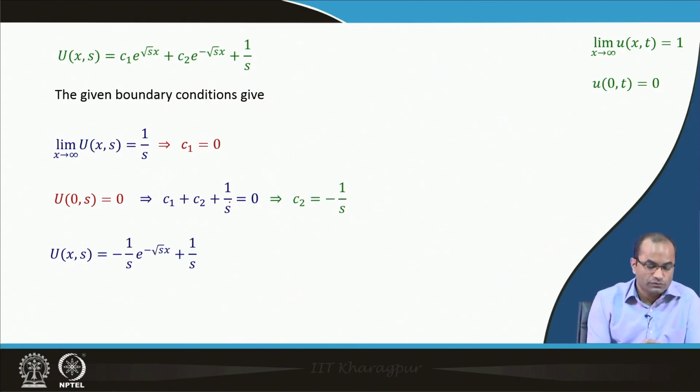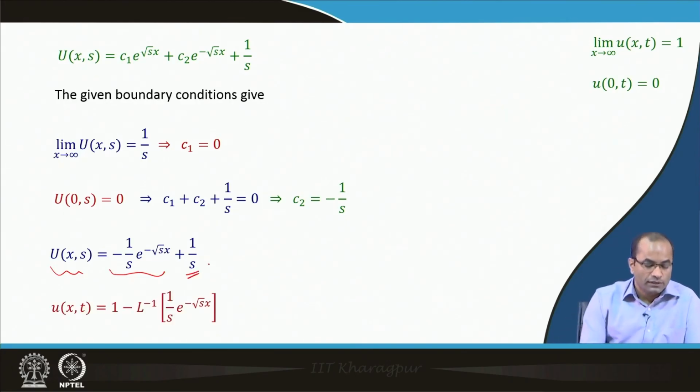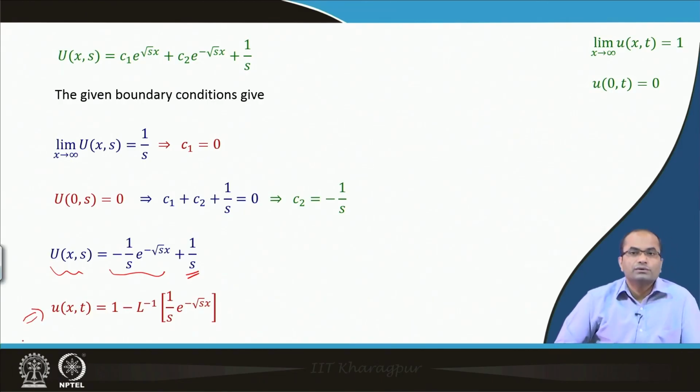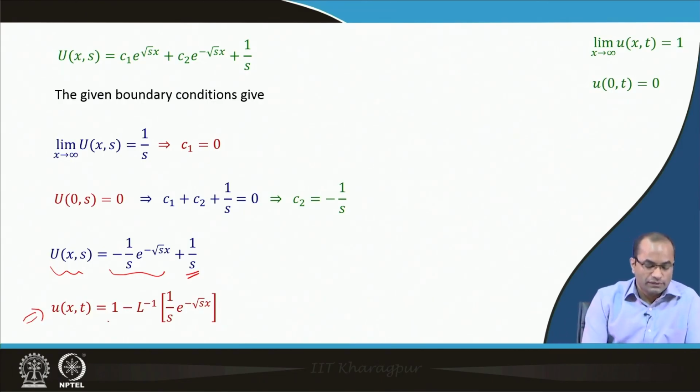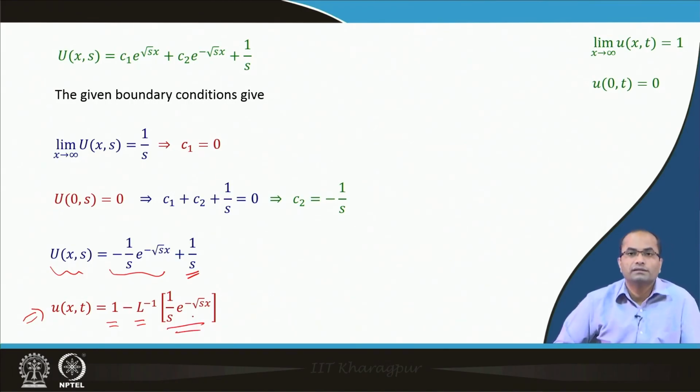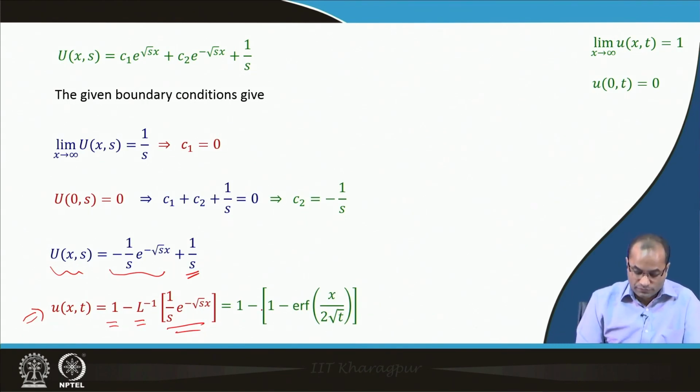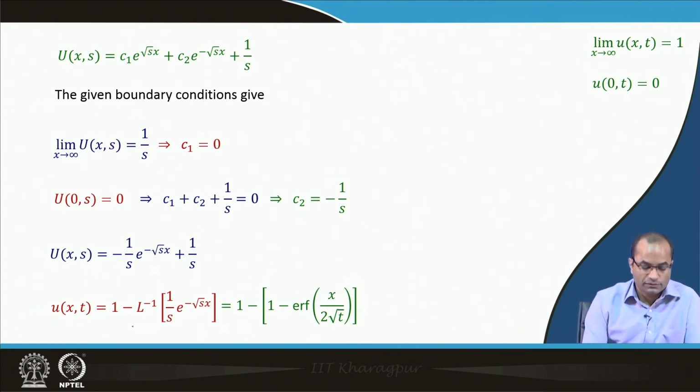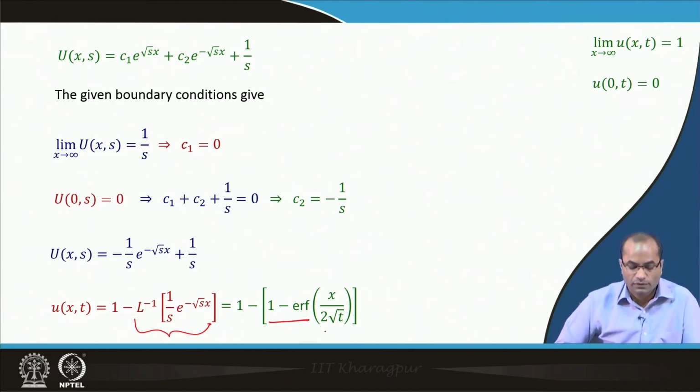So, finally, the solution is u x s equal to minus 1 over s e power minus square root s x plus this 1 over s term, which we can invert. Taking the inverse Laplace transform, we get 1 minus L inverse of 1 over s e power minus square root s x, which, if we recall from the previous lecture, is 1 minus the error function of x by 2 square root t.